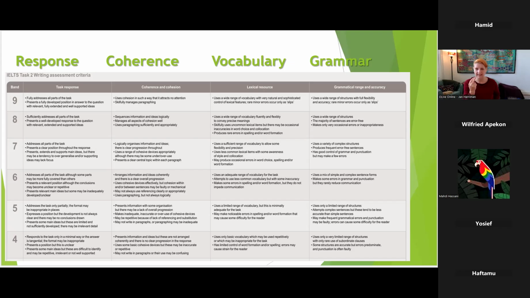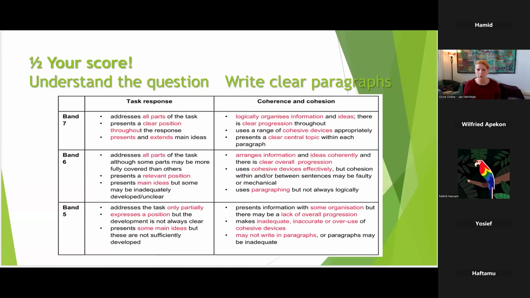Only half. The first 2 are the ones we're going to focus on, because these marks are absolutely dependent on how well you read the question and plan your answer.